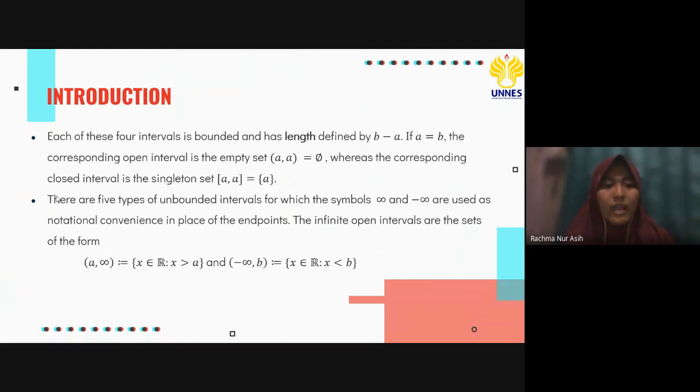There are five types of unbounded intervals, for which the symbols infinity and negative infinity are used as a notational convenience in place of the endpoints.